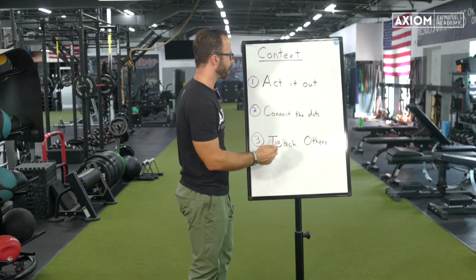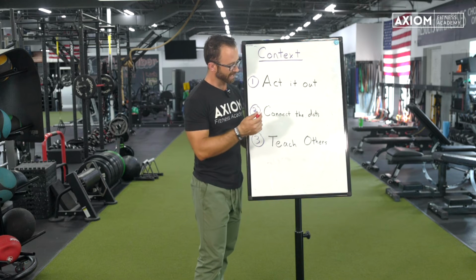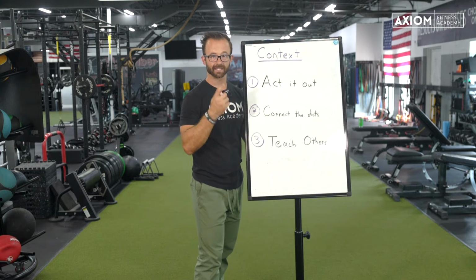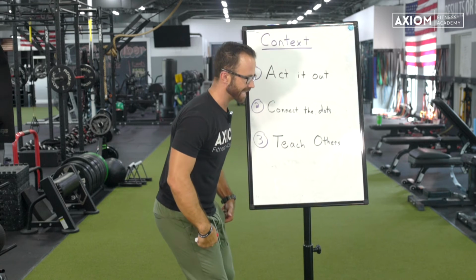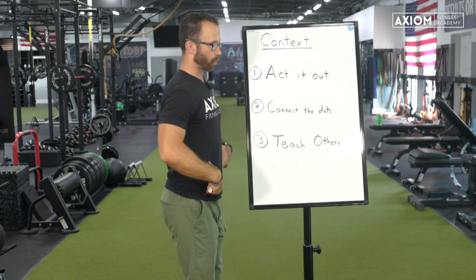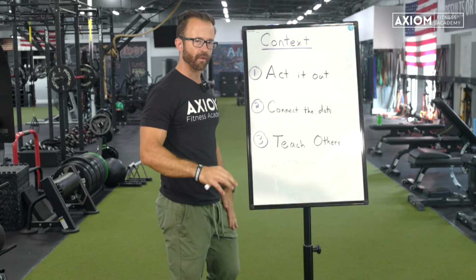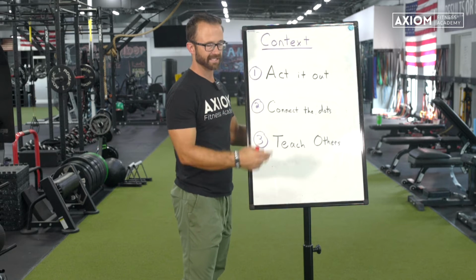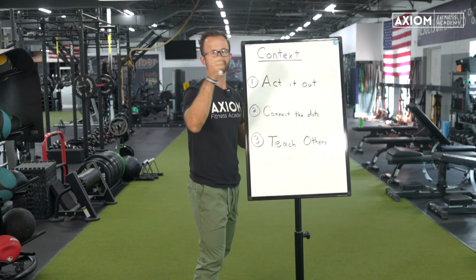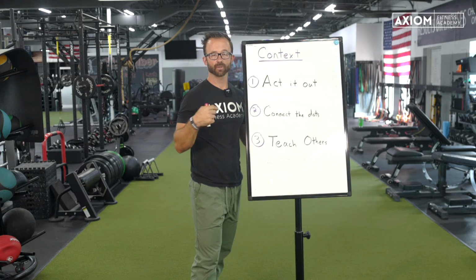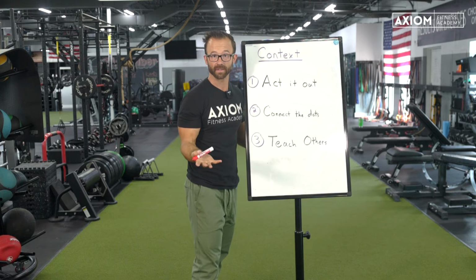So the next one, which kind of builds off this, is you need to figure out ways to connect the dots. For example, with the arms falling forward, with the knees caving in, right? With the torso falling forward. What other exercises does that stuff start to come into play with, right? Like breaking it down, connecting the dots to the exercises you're doing in the gym. To me, this is also the practical benefit of doing the assessments.